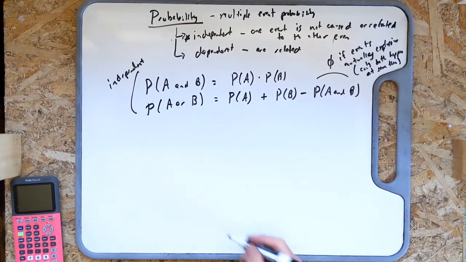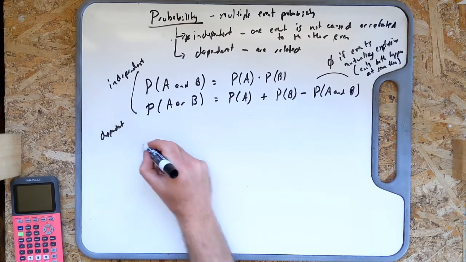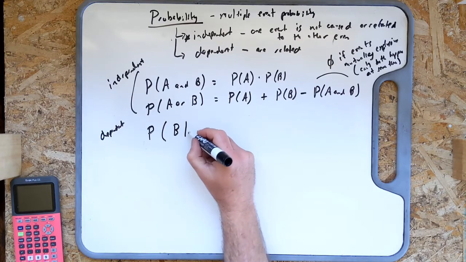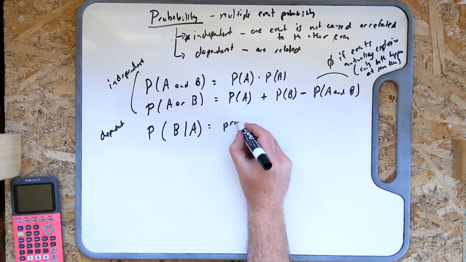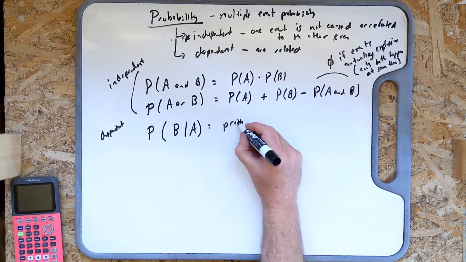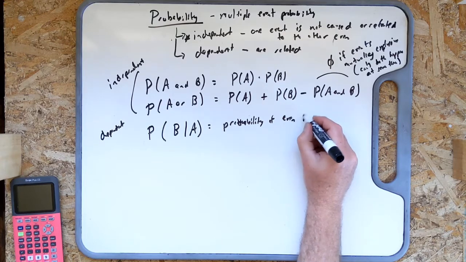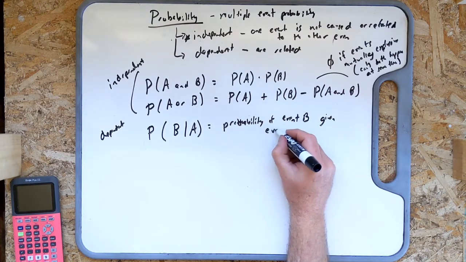So the way you write that, this is dependent, is probability of B, straight line down, A, which means probability of event B given event A has occurred.